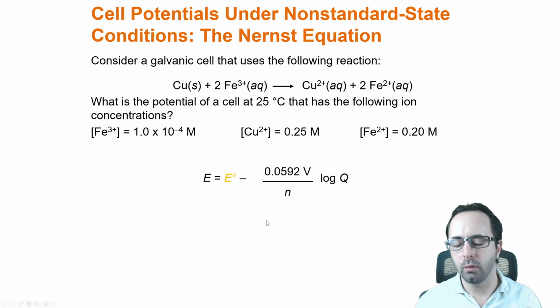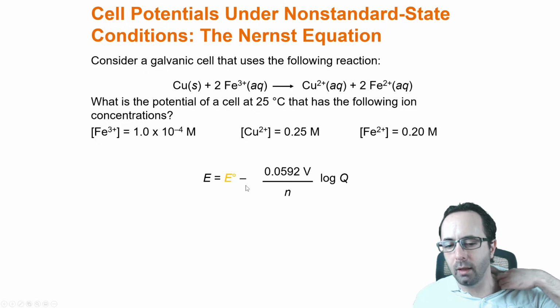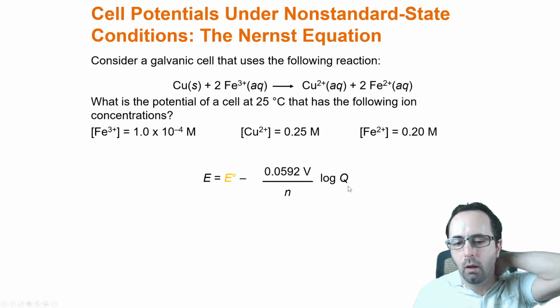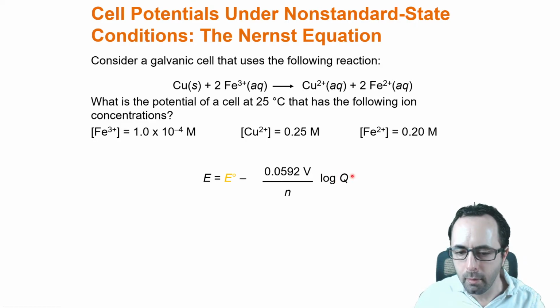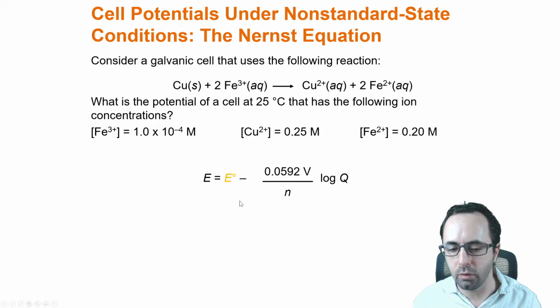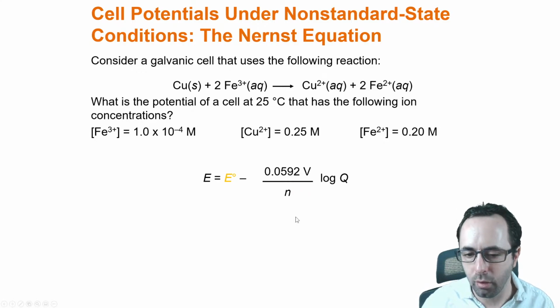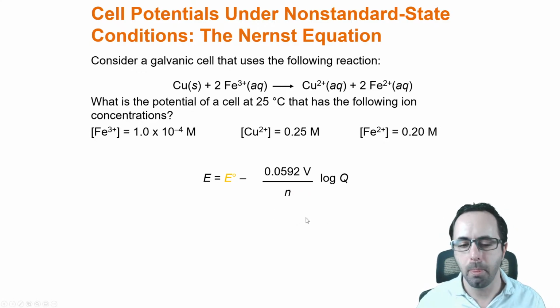So we're going to use the equation E equals E standard minus 0.0592 volts over n log Q. So what we need to solve for this is we need Q, we need E standard, which we're going to have to use the standard reduction potential table for, and we need n, the number of electrons transferred in this reaction. So first of all, let's calculate E standard.